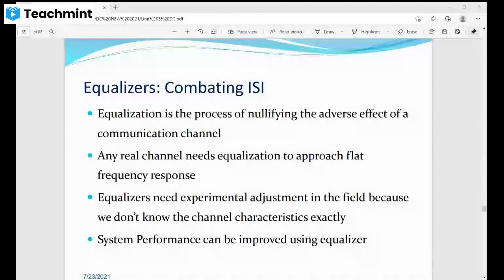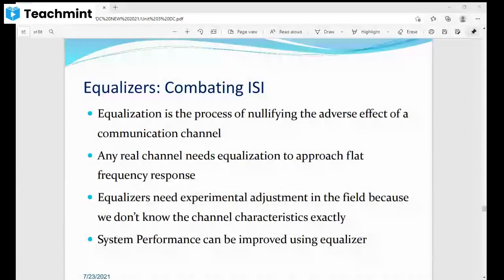So the transmission losses of the channel and other factors affect the quality of the output. During the transmission, there is some external interference, noise, and channel effect. These are the factors that affect the quality of the output.